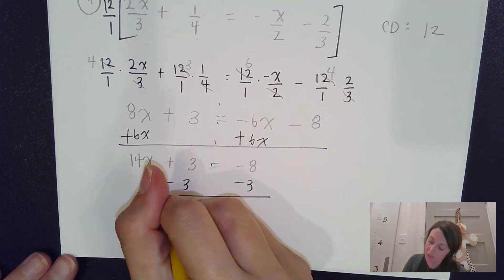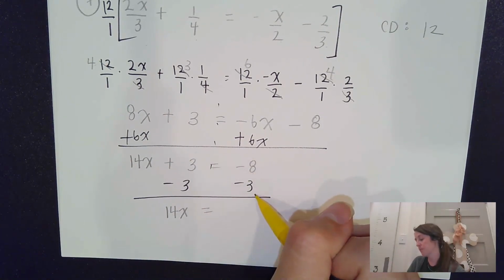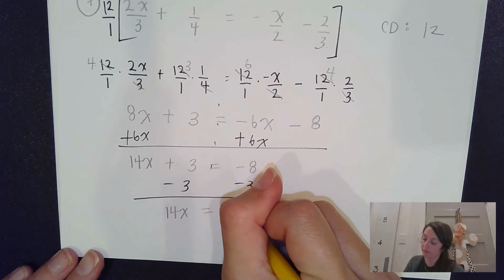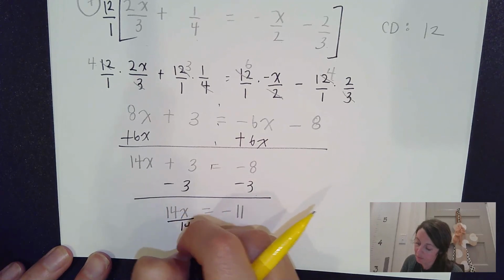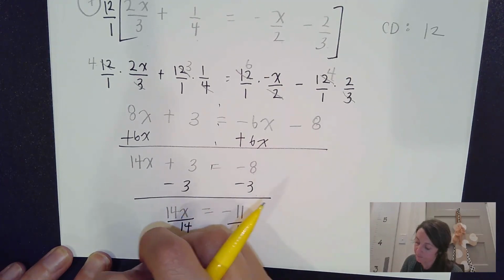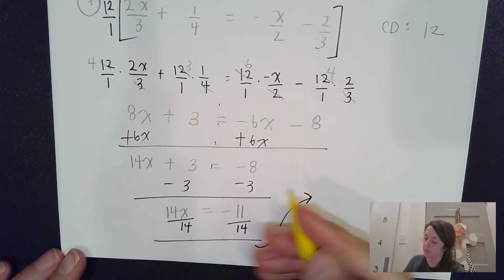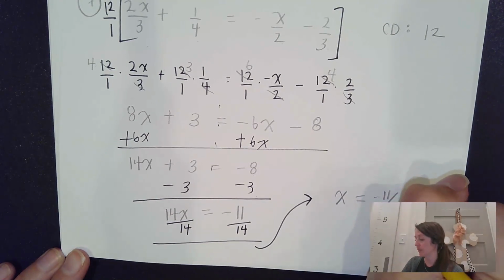So I'm going to have a 14x. It's going to be equal to a negative 8 minus a 3, which is going to be a negative 11. And then I'm going to divide both sides by 14. So I will have 14x over 14, which is just an x. It's going to be equal to a negative 11 over 14.